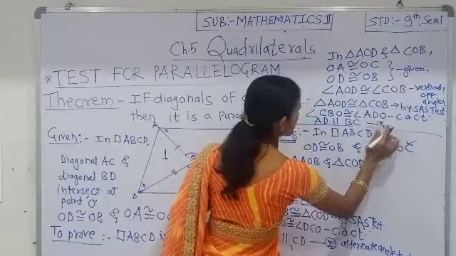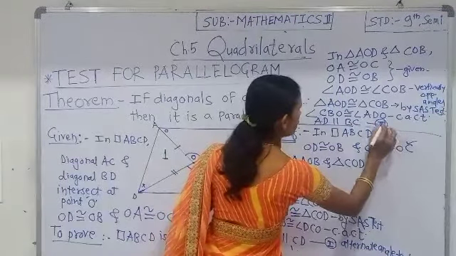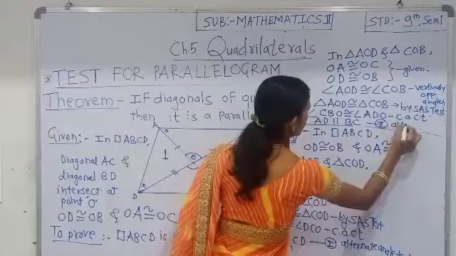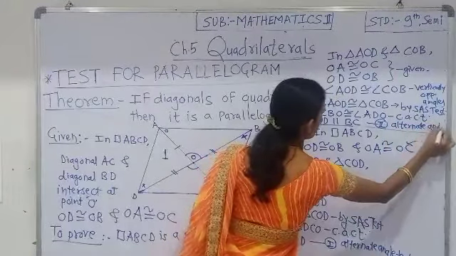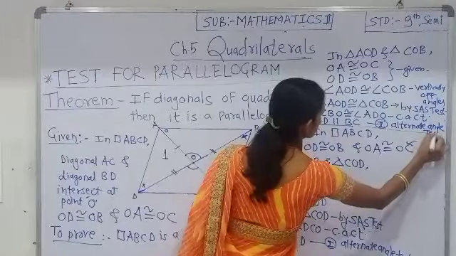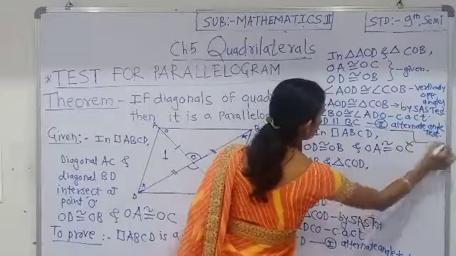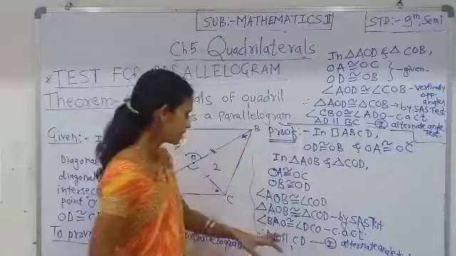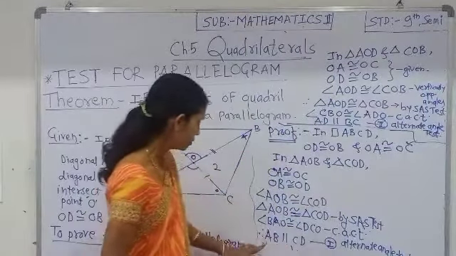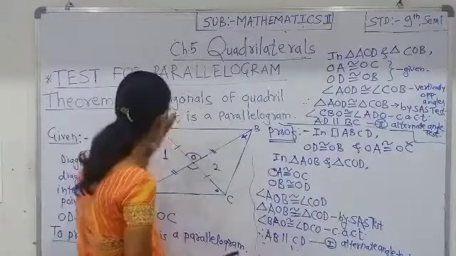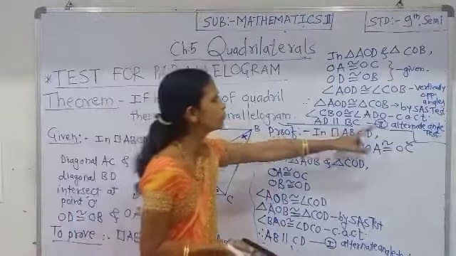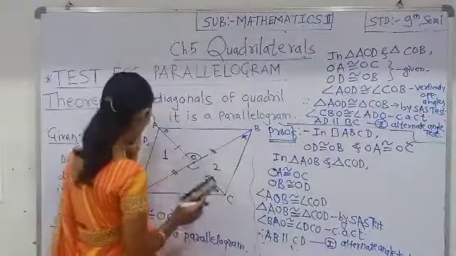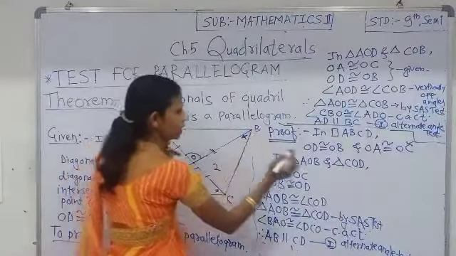Let this be equation number 2, because of the alternate angle test. Equation 1 indicates that AB is parallel to CD, and equation 2 gives AD parallel to BC.